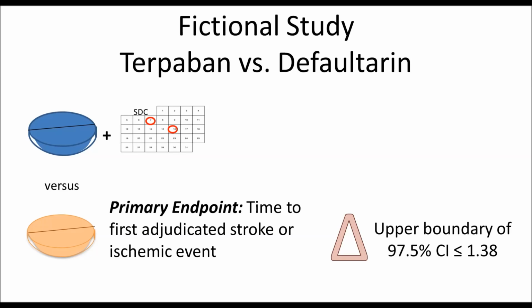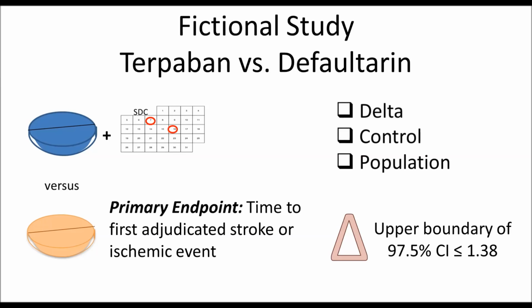We should also consider three of the major components when reviewing a non-inferiority trial: delta, control treatment, and population. Delta was determined based on trials in a similar patient population, so it seems appropriate. The dosing of medication in the control group, defaltrin, was based on a target SDC.